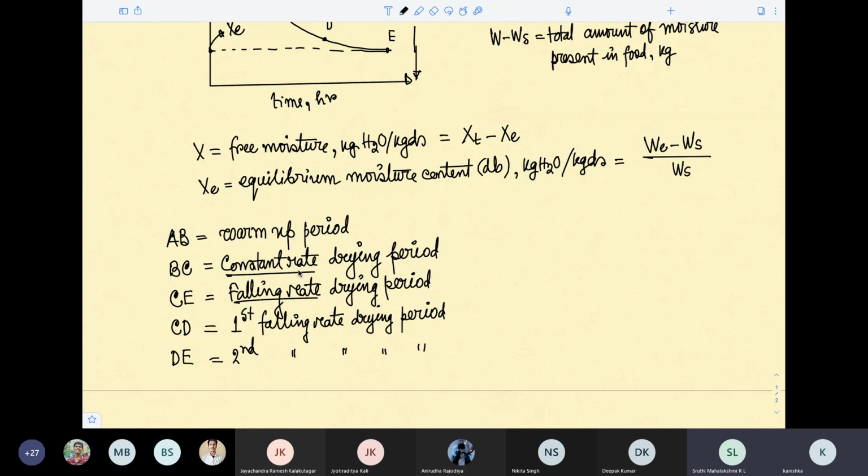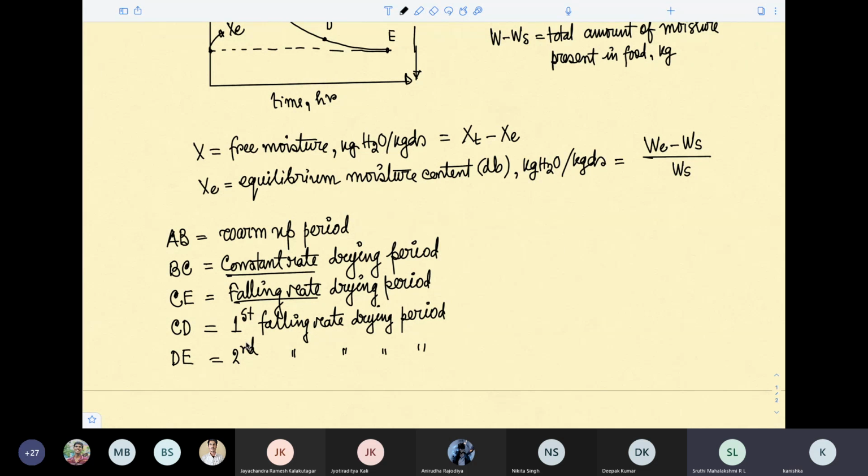That part is very important to understand. Briefly for now: constant rate is where the rate of drying remains constant throughout this period. In the falling rate, the rate of drying keeps on changing. That is the main significance.